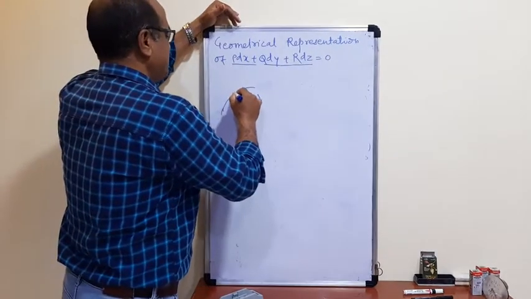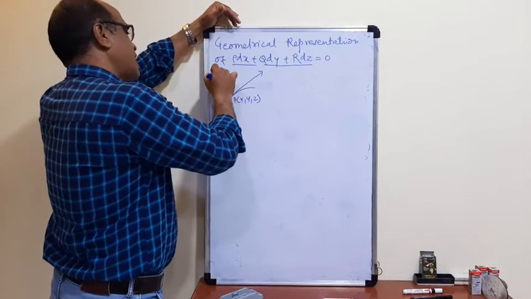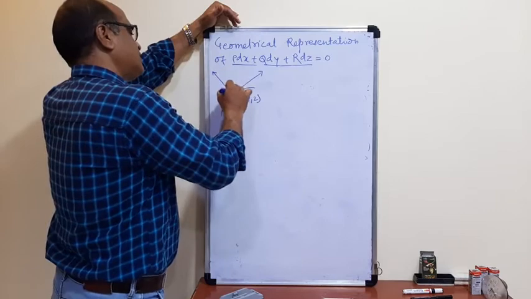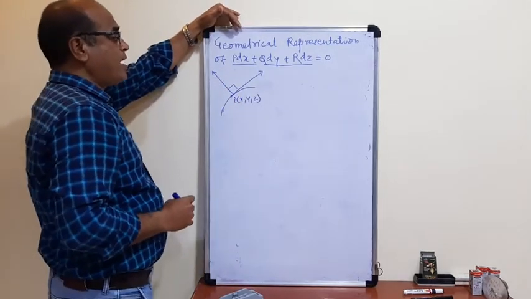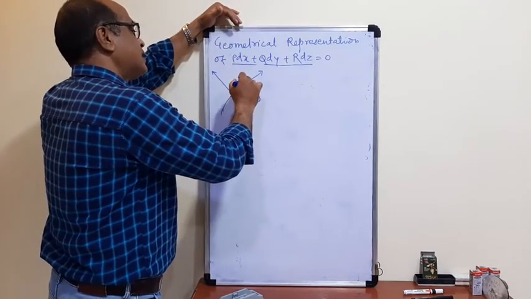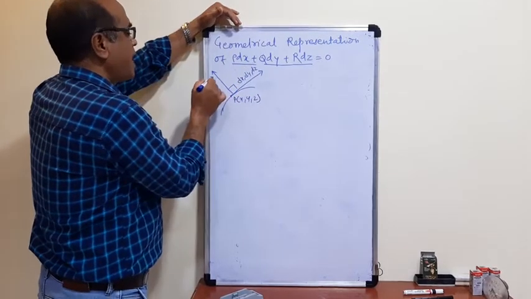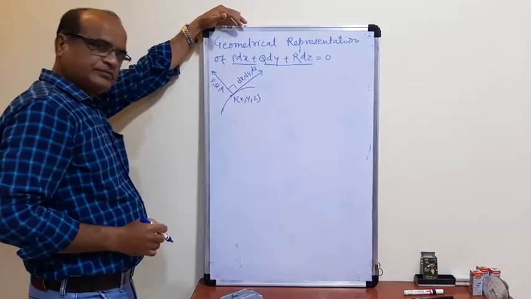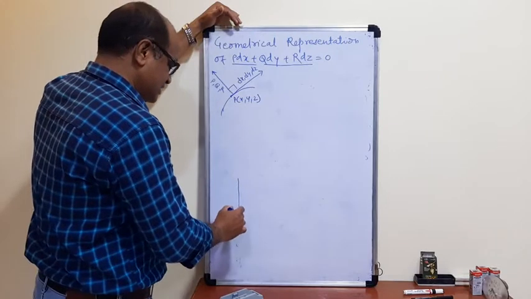This is the tangent at point P, and this is the normal at point P, at 90 degrees. Then dx, dy, dz and P, Q, R. So we know that there are two lines.